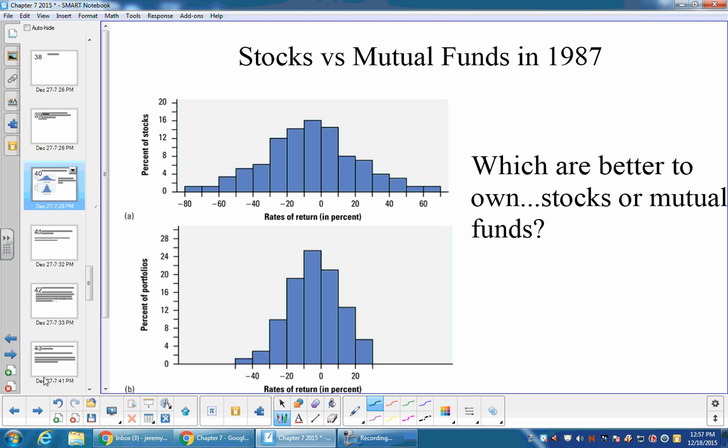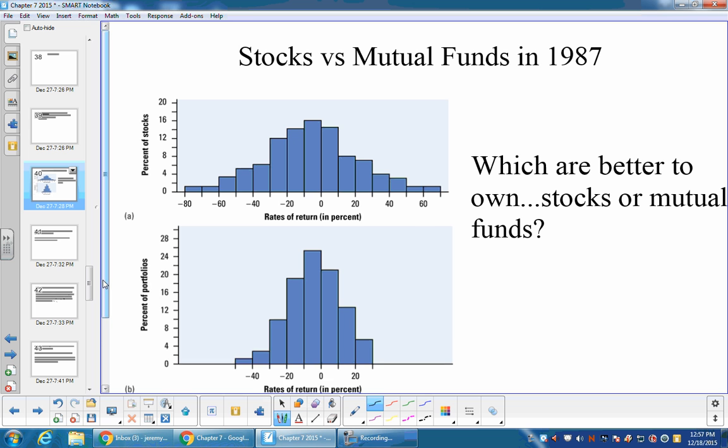So for instance, here's a couple things. Here's stocks. Now, when you buy individual stocks, there's a lot of variability. Stocks can earn a lot of money. They can also lose a lot of money.